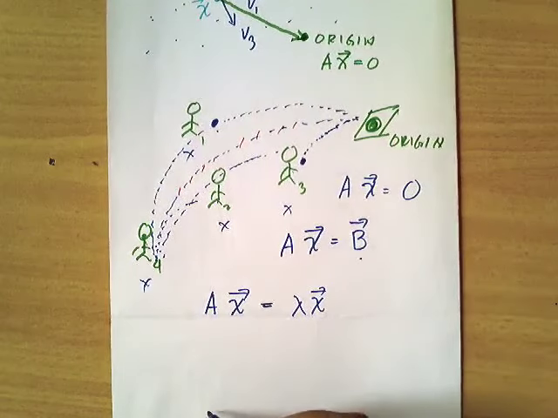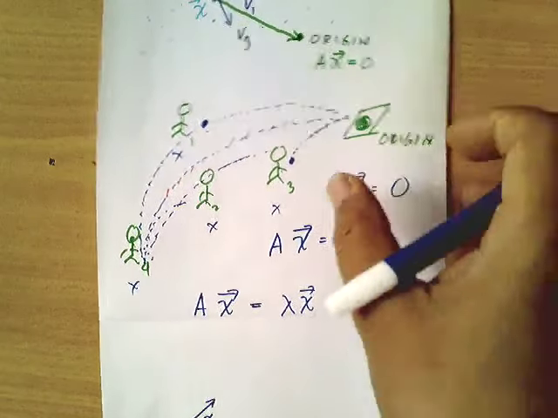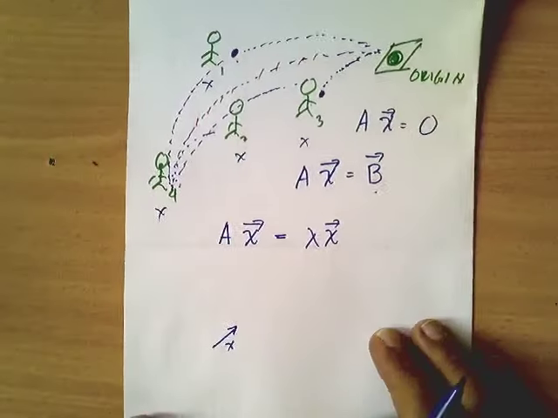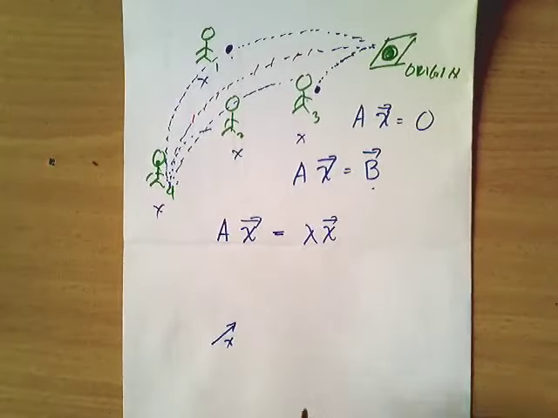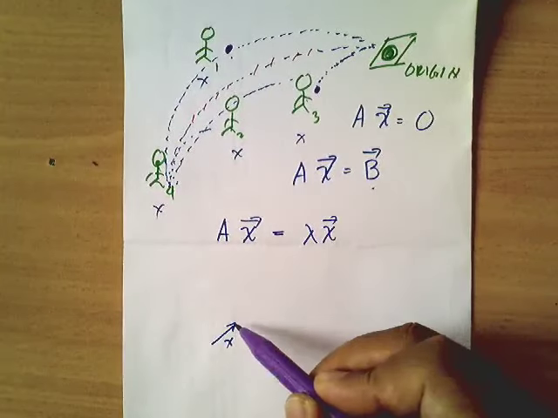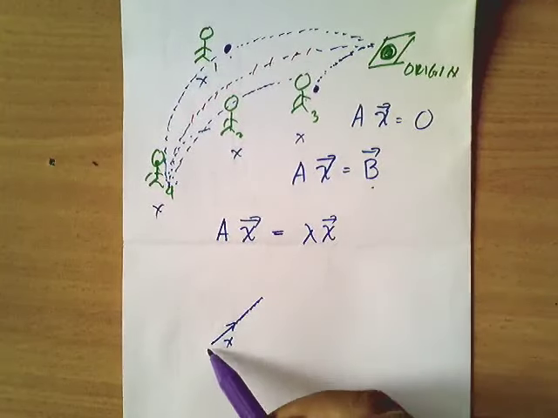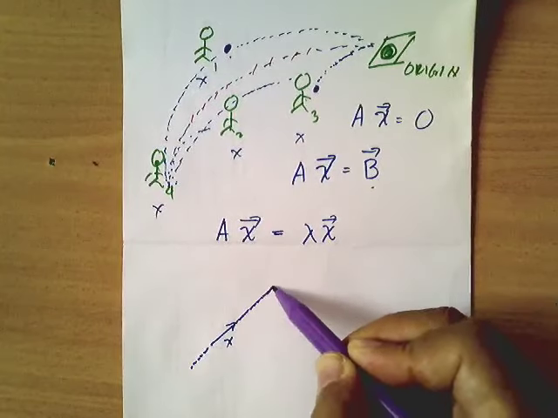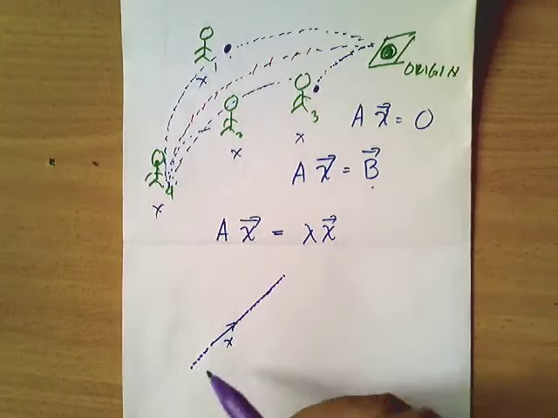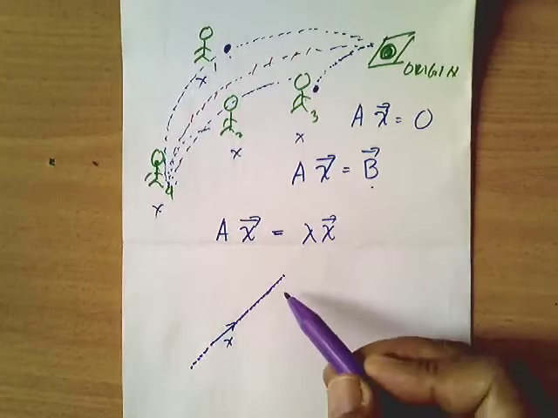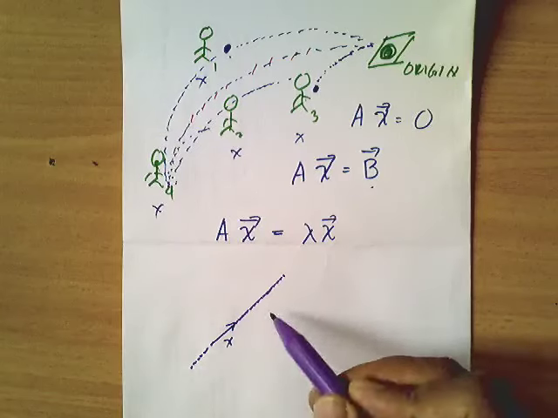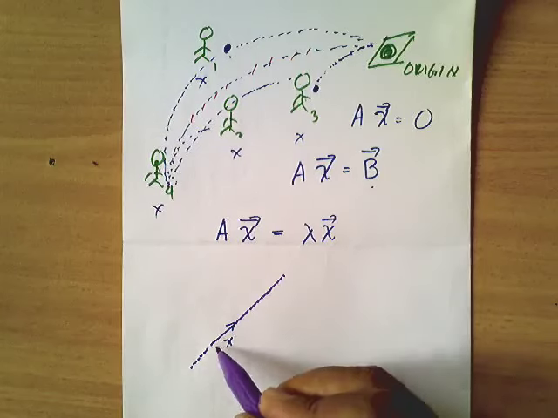So if this is your vector x, and this vector x will be transformed by A, what we're interested in is that the output must be within this line, in the same direction as this. That's the meaning of that.